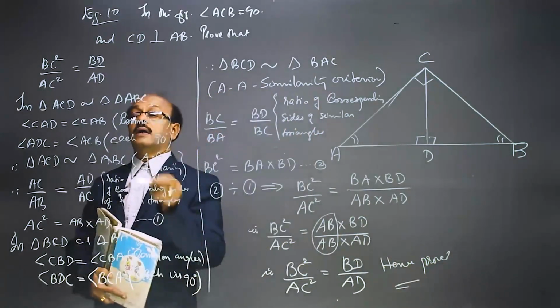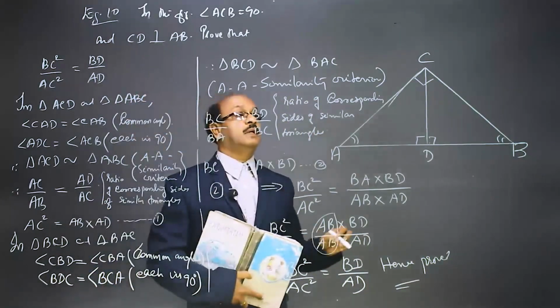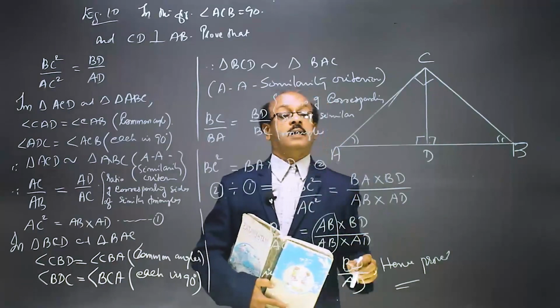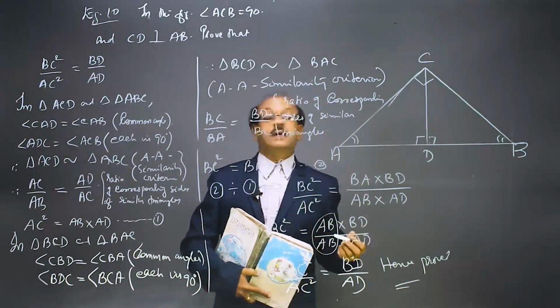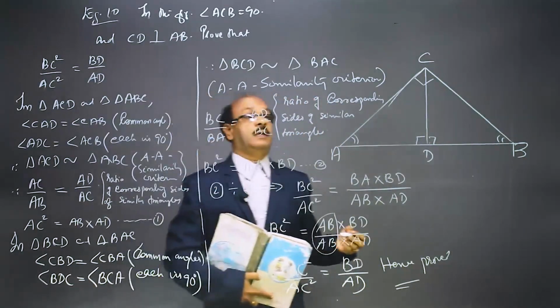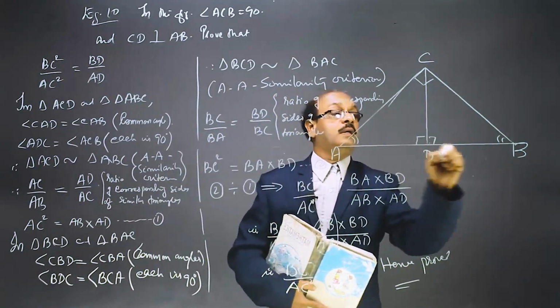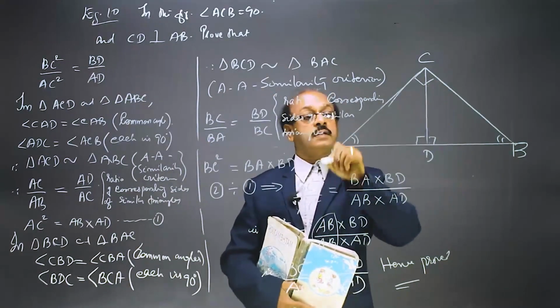Here in triangles ACD and ABC, we are taking the side AC by AB. AC is the hypotenuse of the smaller triangle ADC and AB is the hypotenuse of the larger triangle ABC.